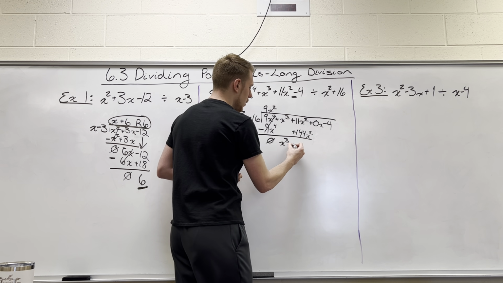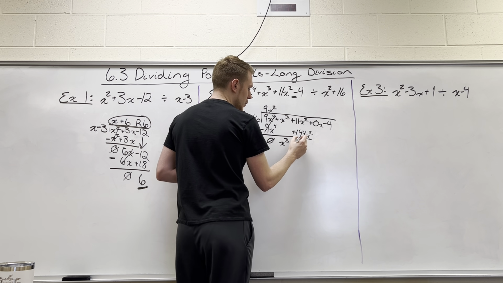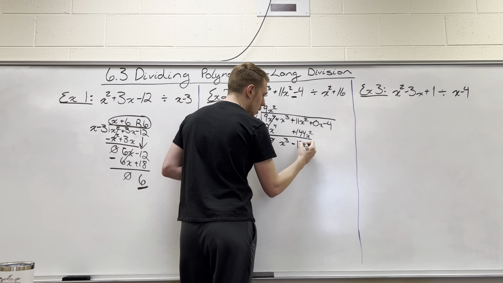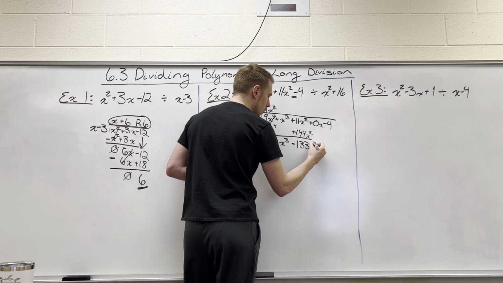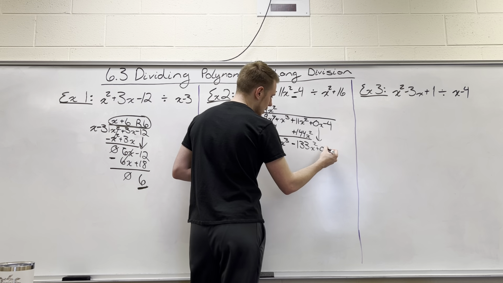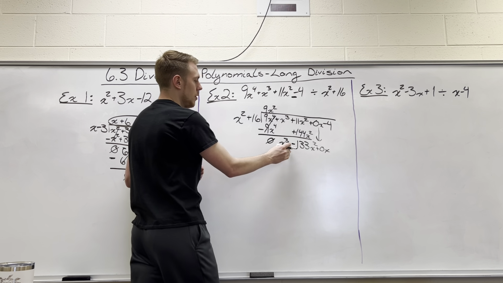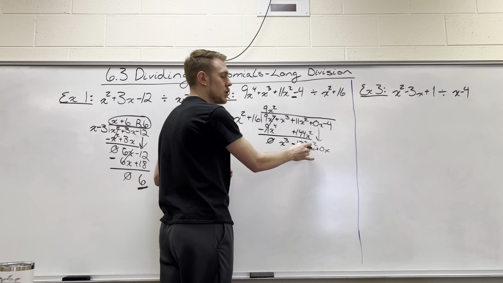So now we subtract. This would come out to negative 133x squared. Drop this down, it's just 0x, so it's almost like it's not even there. What I have left is x cubed minus 133x squared.